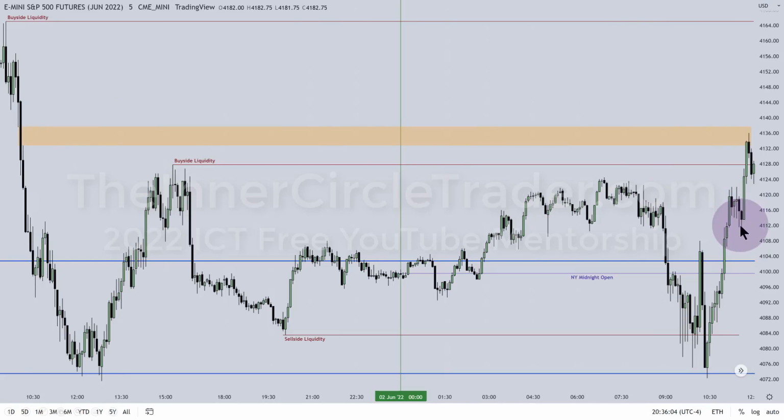My expectation was we were here and we were likely to draw up into that in the PM session. In other words, as we were going into lunch and on the other side of lunch, we could have easily traded up into this area as an upside objective. And then, if we get above that, what would be the next logical draw on liquidity? It would be above this high here. Okay.